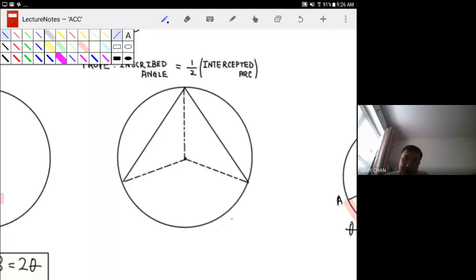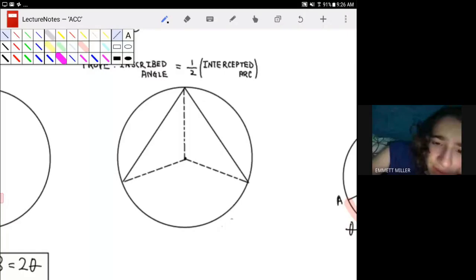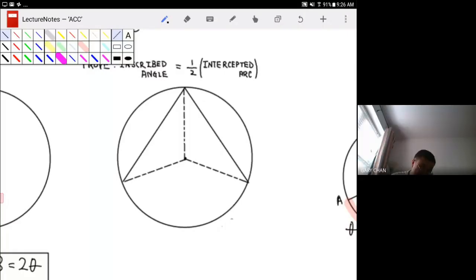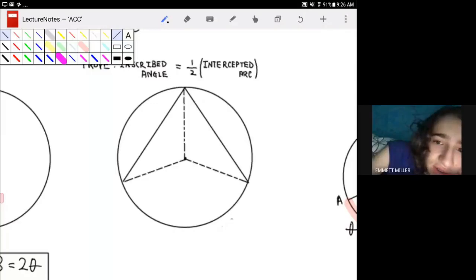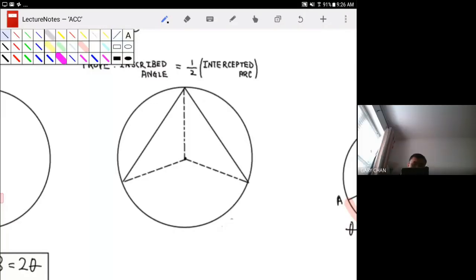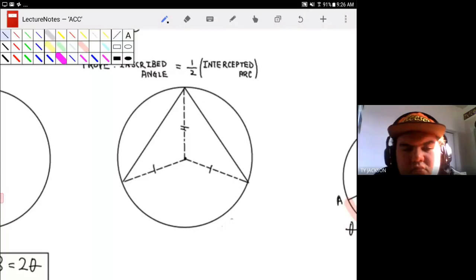They're isosceles? That's right. Emmett, why are both of these isosceles triangles? Because they both contain two radii, so they have to. So this radius is congruent to this radius, and this radius is congruent to itself, right?